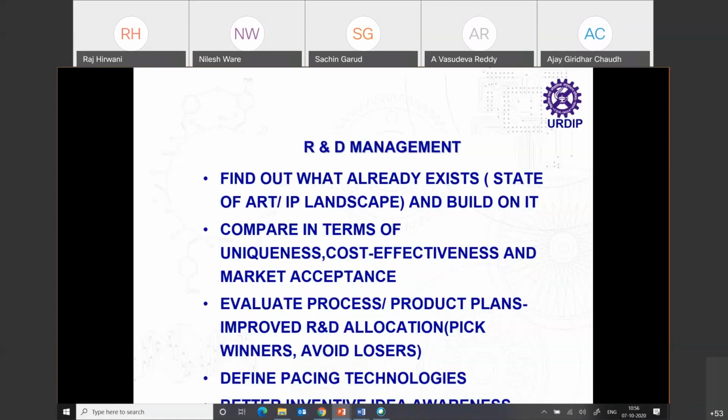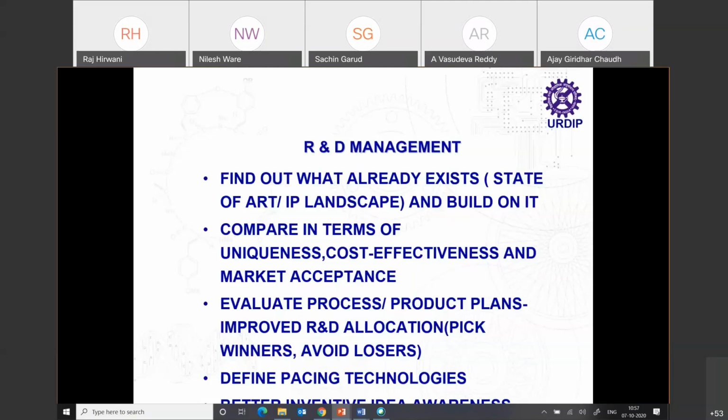Has that idea only occurred to you? Has the thought only occurred to you? Nobody has a monopoly on ideas. Go and look at the patents and find out what already exists, what they have covered, what we call the state of the art and an IP landscape.